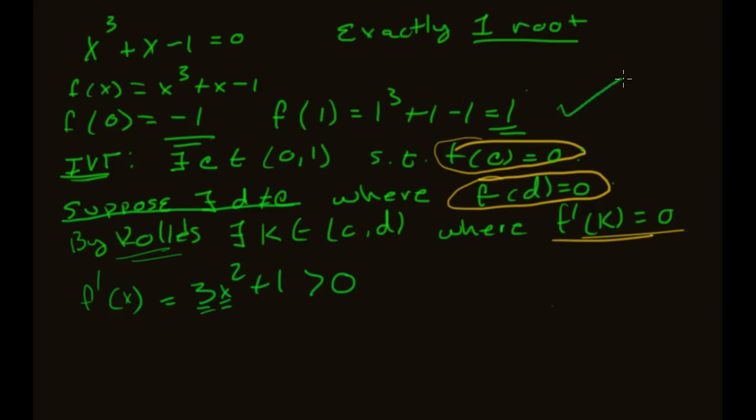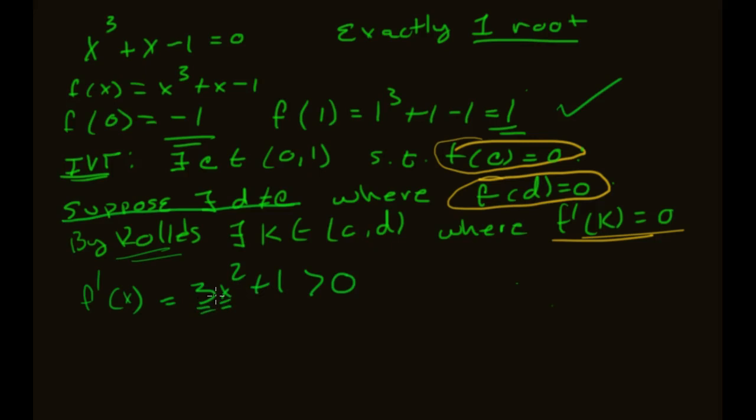by the intermediate value theorem, if there is a second root, then these two things would have to be true at the same time. But see, there would have to be something with a derivative equal to 0. There can't be any point between c and d where the derivative is 0, because the derivative of this thing is always positive.